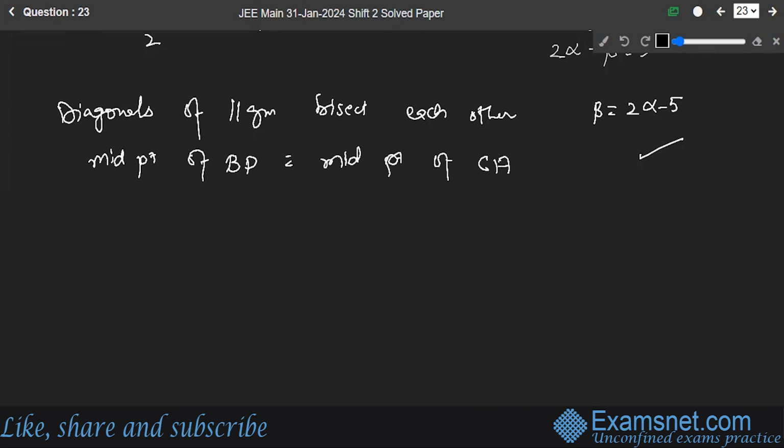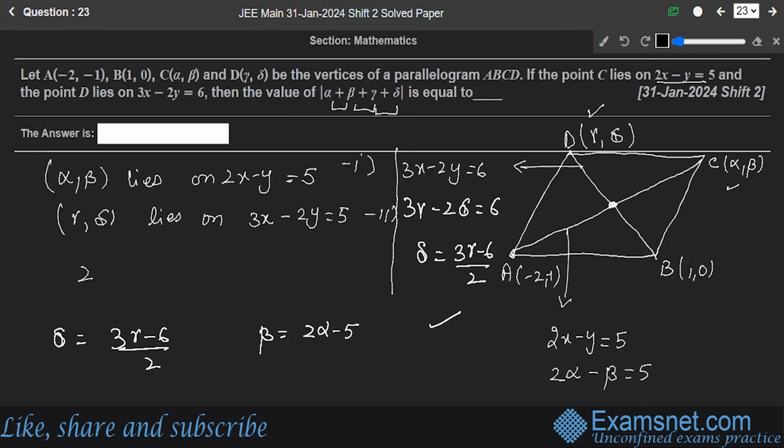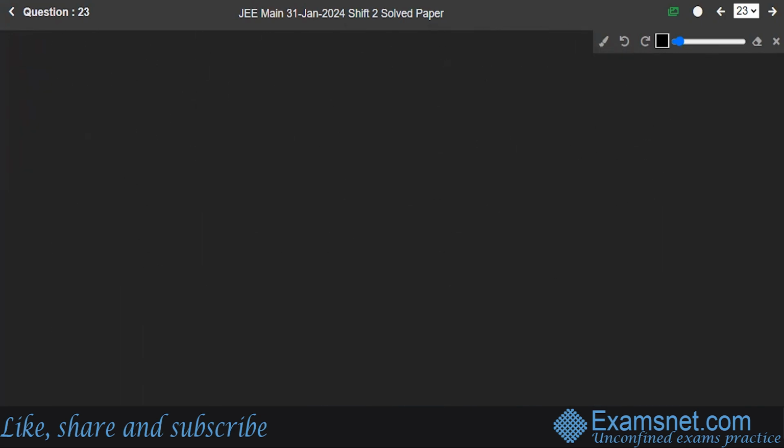And BD is having the midpoint as 1 plus gamma upon 2.